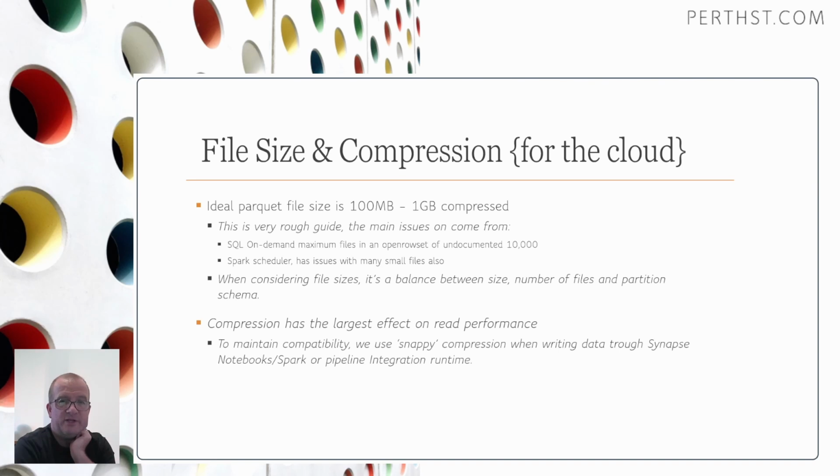The reason it has the largest effect on performance is that it allows the compute to move much smaller blocks of data around without compromising the ability to read the data within. Typically this is about a 10-fold difference. So a 100 gig file once compressed will be 1/10 of that size, so about 10 gigs after compression.